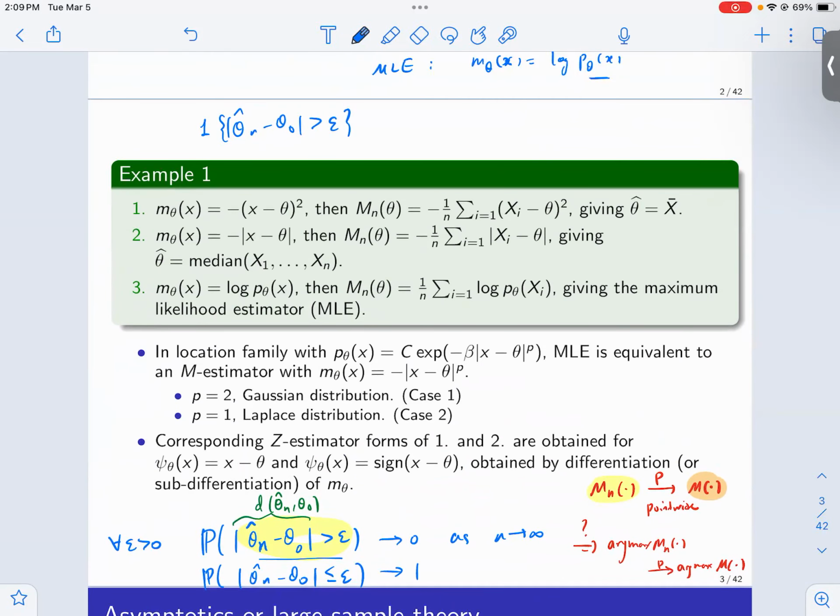You can say it goes to 0, or is just 0, for all n large enough, and for every epsilon.